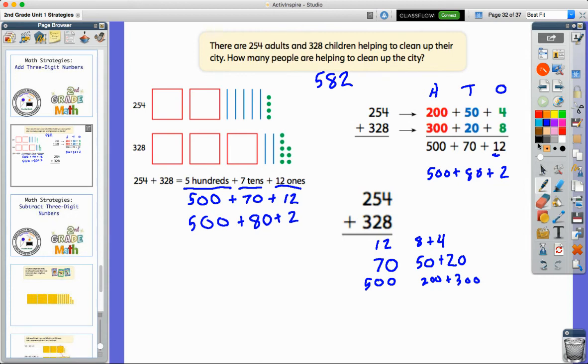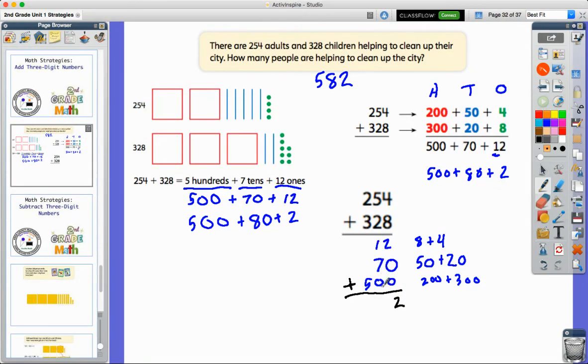So now I've got my values 500, 70, and 12, just like I did up here and just like I did over here. Now I'm going to add them all up, just like I've done all the other examples. But this time, instead of it being written out horizontally, it's written vertically. So I can look at all the numbers in my ones place, and I only have 2.